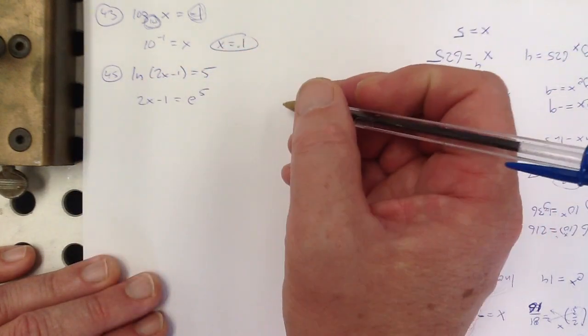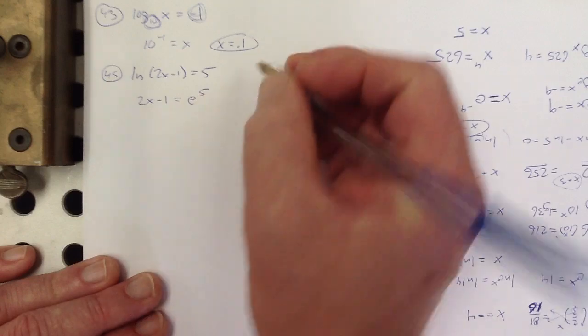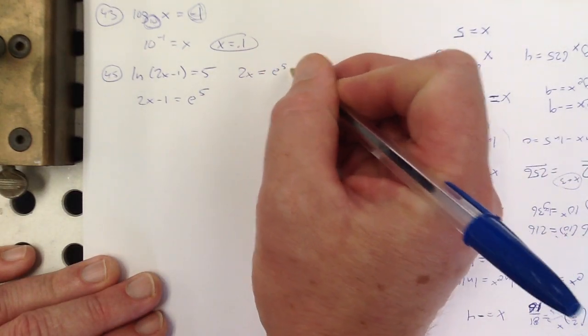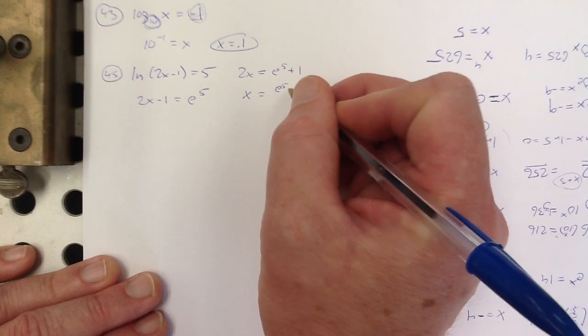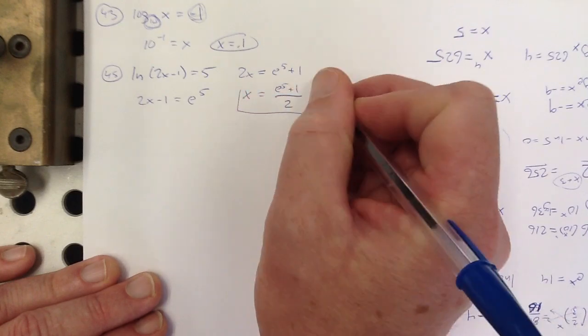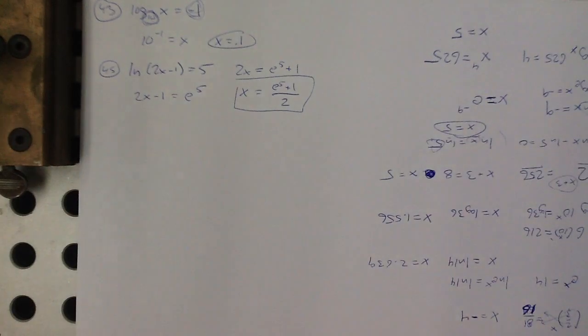I always like exact answers if I can get them. So I'm just going to do the algebra on this, add 1 to both sides. So e to the 5th plus 1 over 2. Sure.